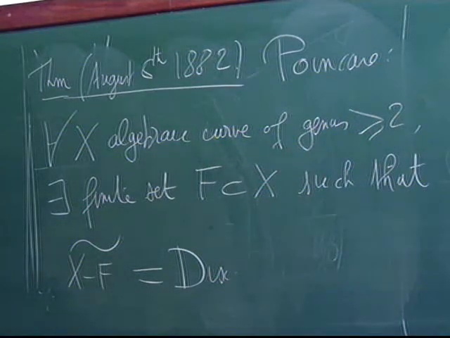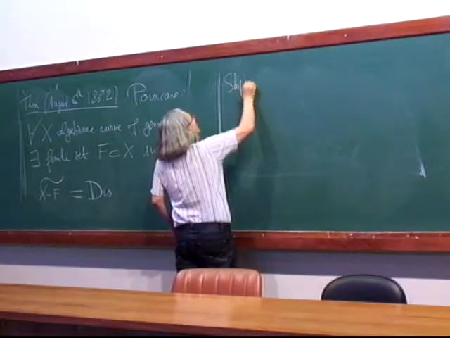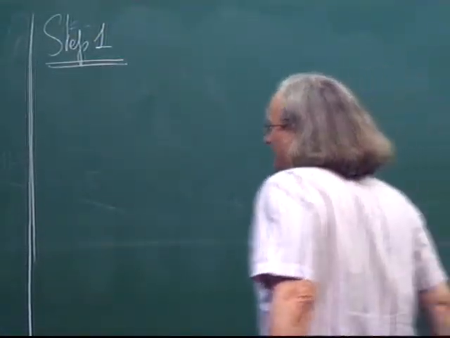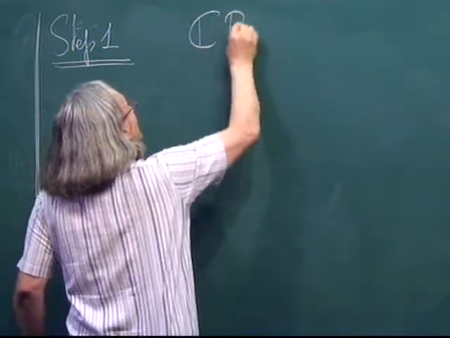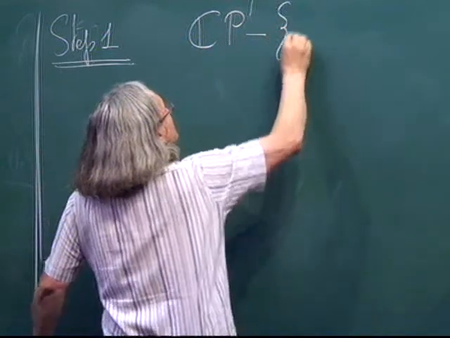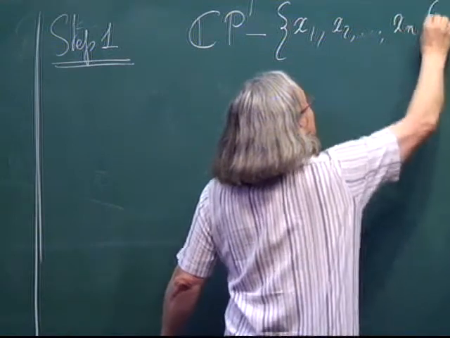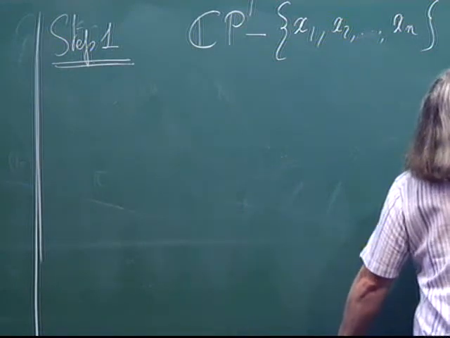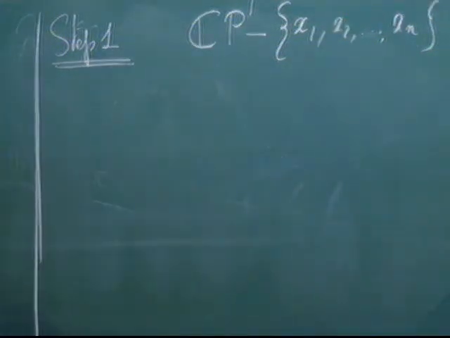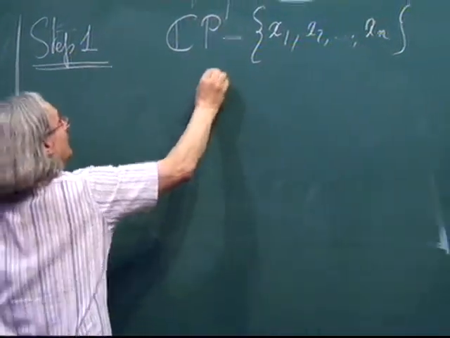The steps of the proof are the following. Step 1. I will show you that if you take the Riemann sphere and if you delete a finite number of points, but real points, n bigger than 3, then the universal cover of that is the disk.